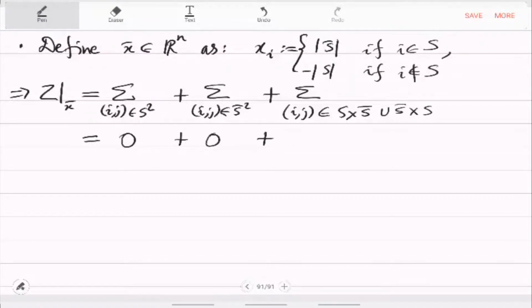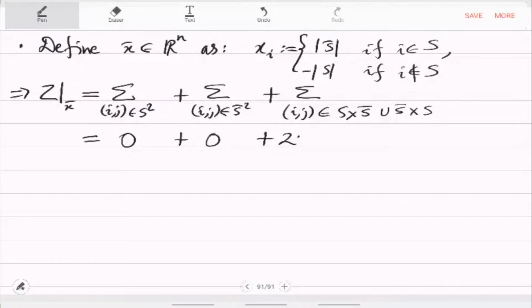And now let us see the last thing. So S to S bar or S bar to S, it is the same thing. So there is a factor of 2, and what is the sum?